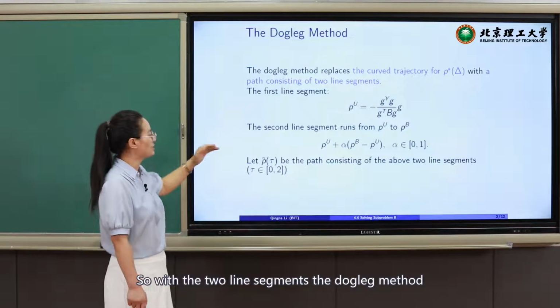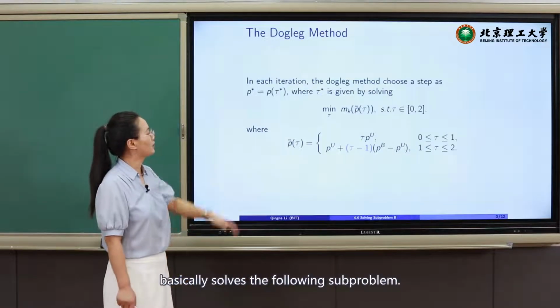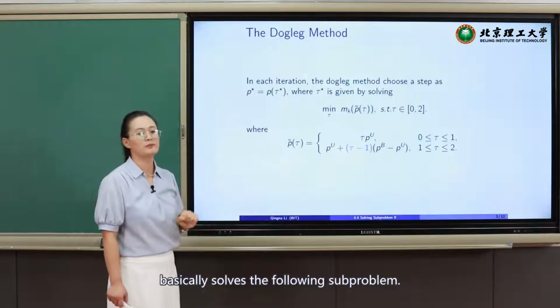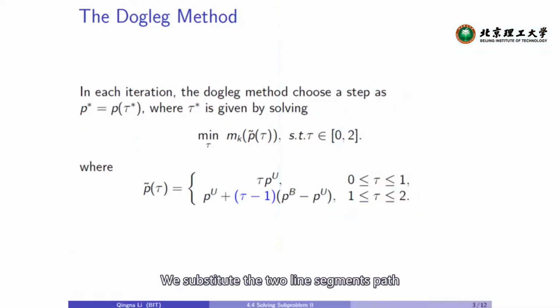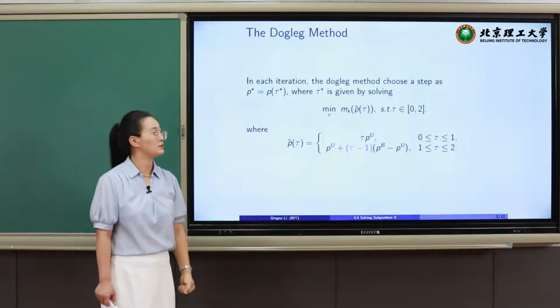With the two line segments, the dogleg method basically solves the following subproblem. We substitute the two-segment path into the model function and we try to find the one parameter tau. This will be the dogleg method.